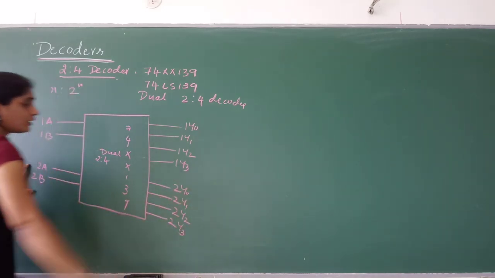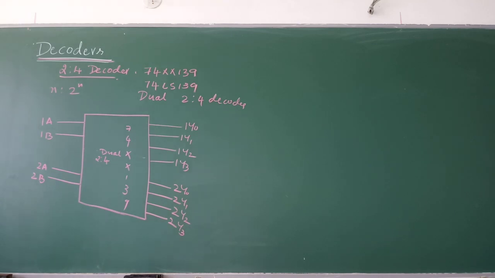Just look at the pin configuration I have written here. 1A, 1B are the inputs for the first 2:4 line decoder. 2A, 2B are the inputs for the second 2:4 decoder. 1Y0 to 1Y3 are the outputs of the first decoder, and 2Y0 to 2Y3 are the outputs for the second 2:4 line decoder.